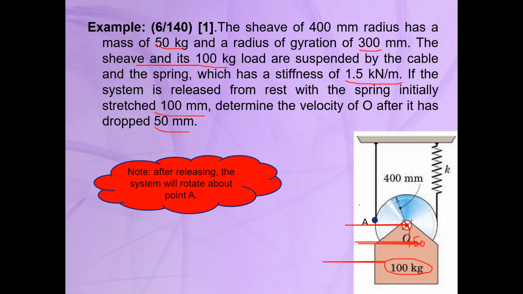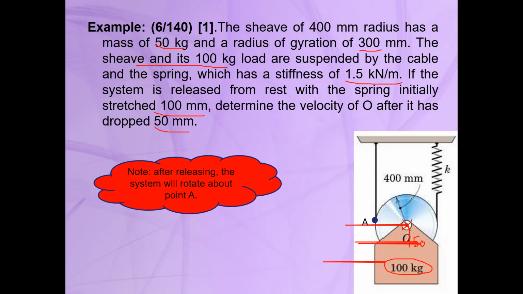Here, clearly, we should use the work and energy because we have a spring, and the best option is again the work and energy equation. So we can solve this problem using the work and energy, and we need to obtain the kinetic energy, potential energy, and work done by the external forces during this motion from this position to 50 millimeter downward motion. So the first step, we need to obtain the kinetic energy and potential energy.